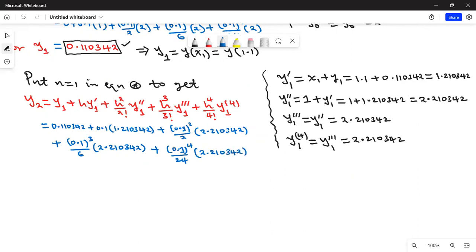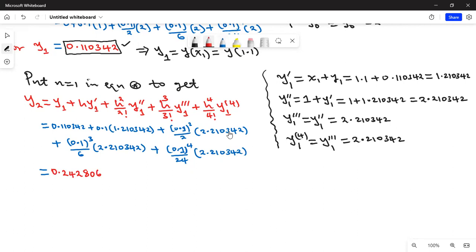So press this in your calculator. When you do it, you need to get 0.242806. Correct to 6 decimal places.